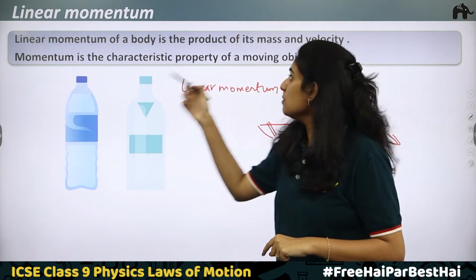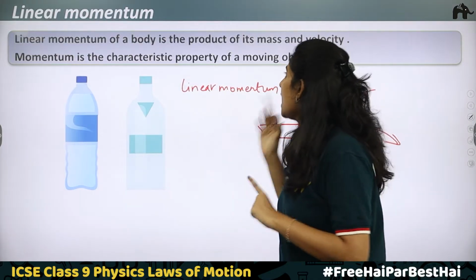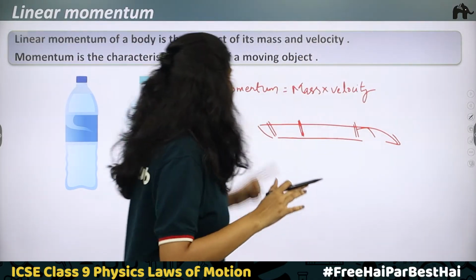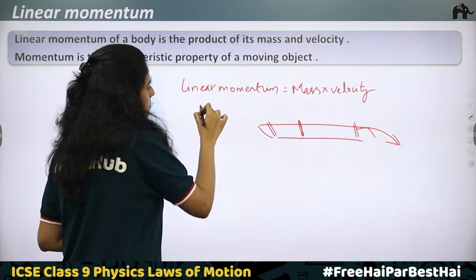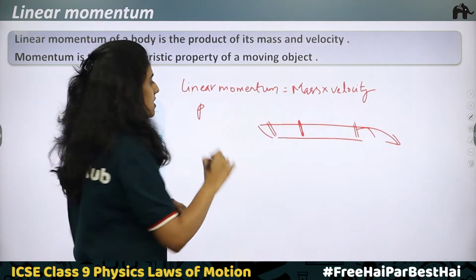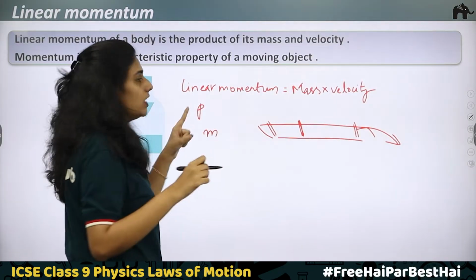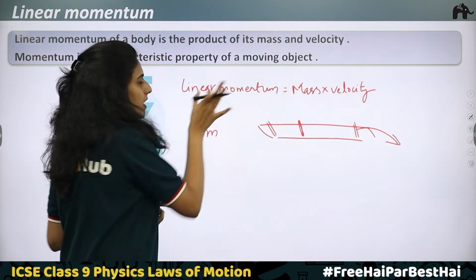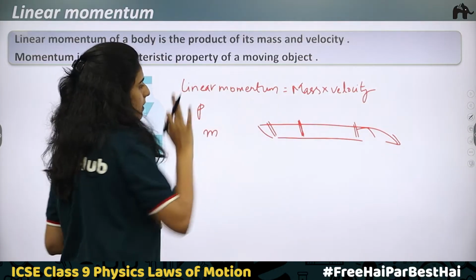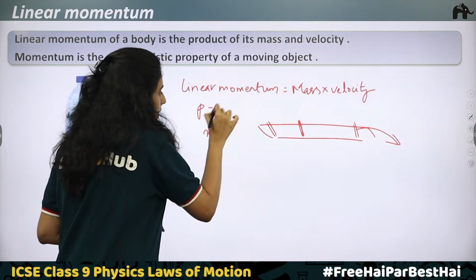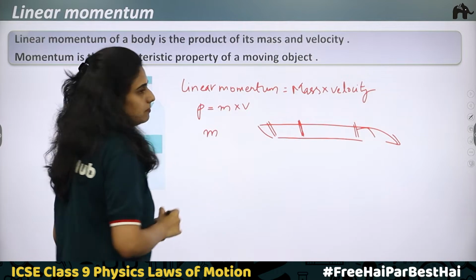So linear momentum of a body is the product of its mass and velocity, and momentum is a characteristic property of a moving object. They represent momentum with the letter p. We know mass is represented with small letter m, and so momentum is represented with small letter p. Momentum and linear momentum normally are the same. In this chapter we will just use the word momentum. So p is equal to mass m into velocity v.